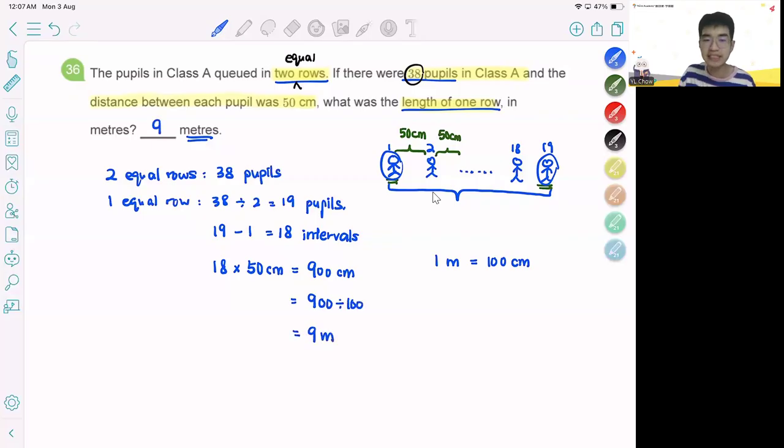So the answer is 9 in this case. All right. Now, this question is not phrased in the best possible way, but assuming they are equal, then each row will only have 19 pupils. And the distance is contributed by the intervals, and don't forget to change your units of measurement. All right. So that's our interval problem over here.